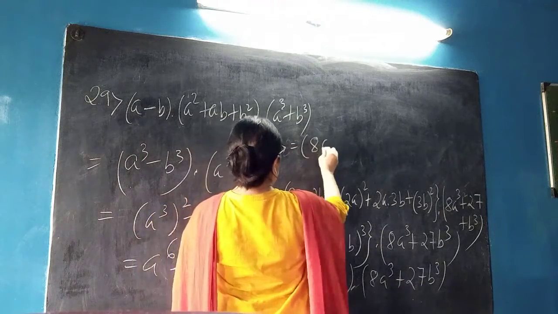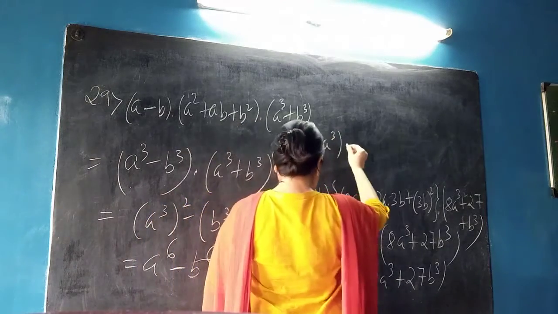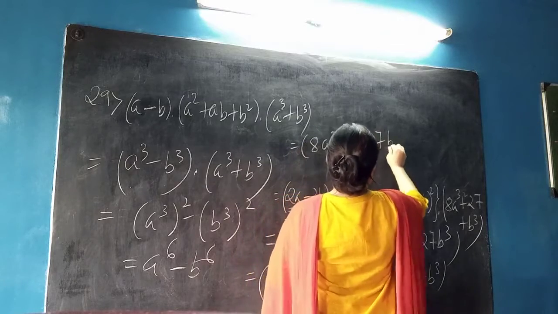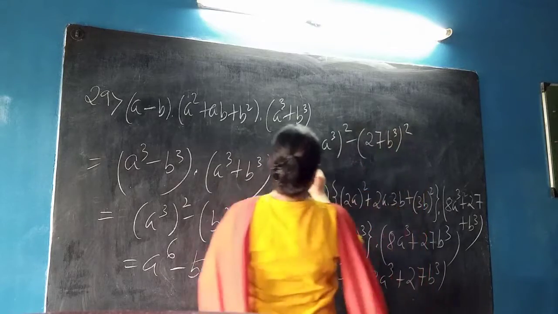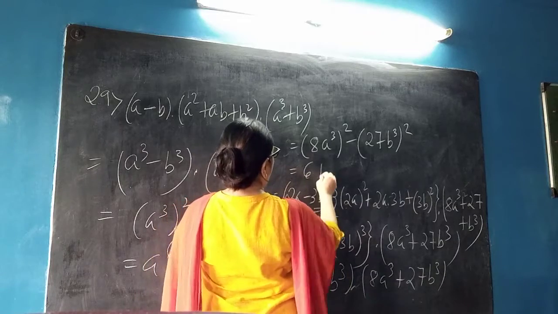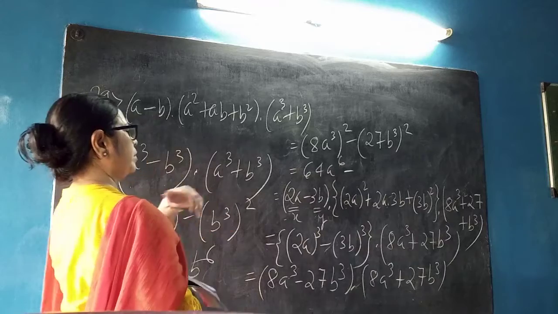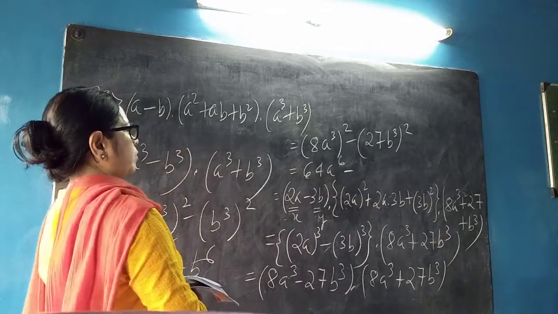So a square, in all the steps I am applying the formula. a square minus b square. Now 8 8s are 64, 8 to the power 6 minus 27 into 27.